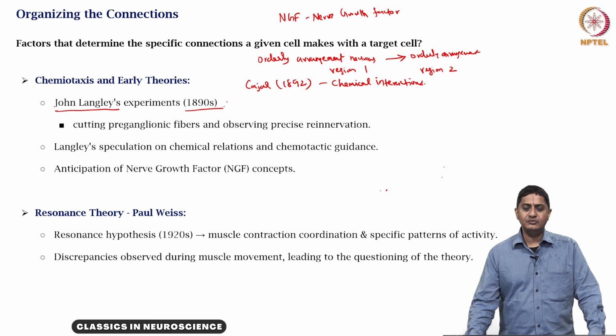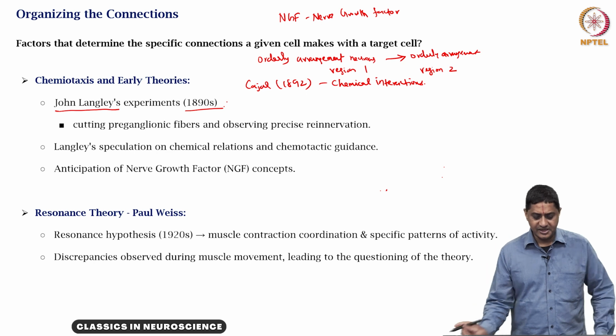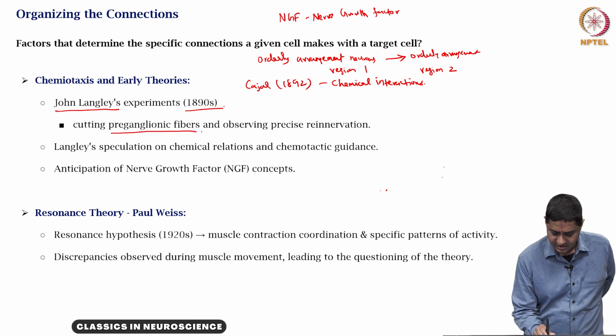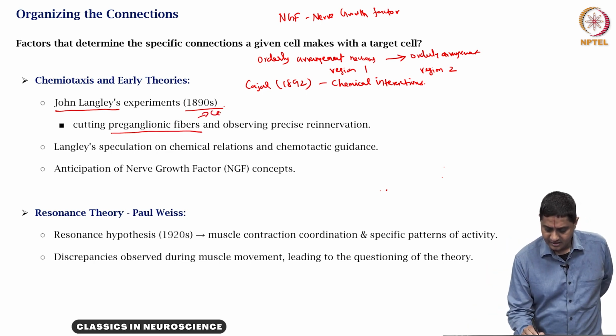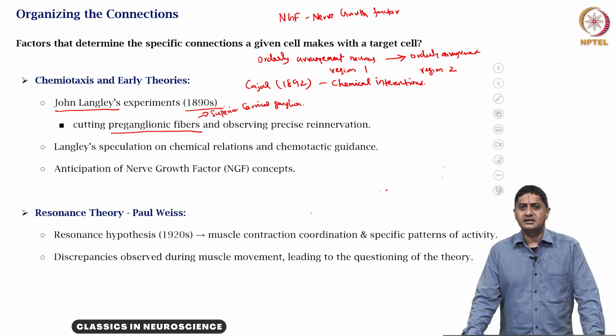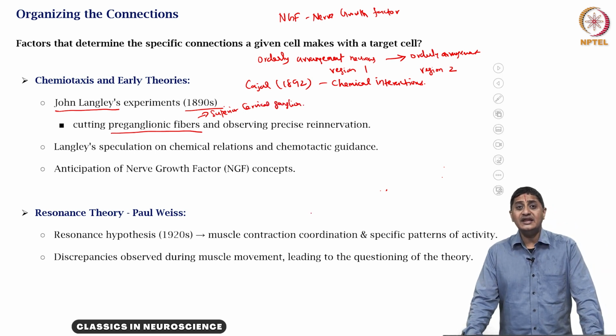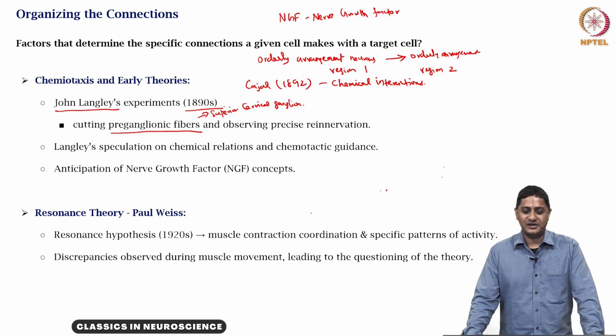John Langley, what he did was he cut the preganglionic fibers in the superior cervical ganglion and observed how reinnervation was happening.